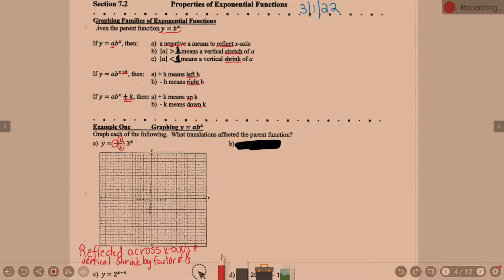Sorry. You guys have a little bit more space because you have space between that graph and the next graph, right? Hopefully you can get yours in a little bit better, but I will read that again. Reflected across the x-axis and vertical shrink by a factor of 1/3.